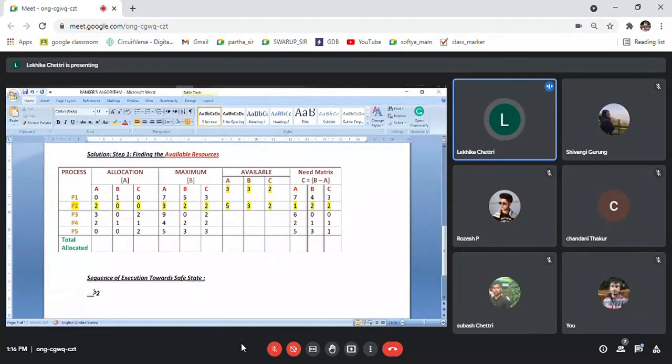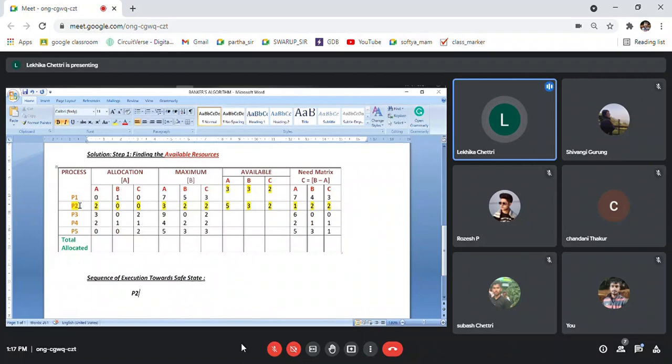So which one did I execute first? I first executed P2. Okay, so now after P2 executes, how many resources do I have, or how many have you updated? You have updated 5, 3, 2. So right now the operating system has 5, 3, 2. Earlier it had 3, 3, 2. P2 completed its task.